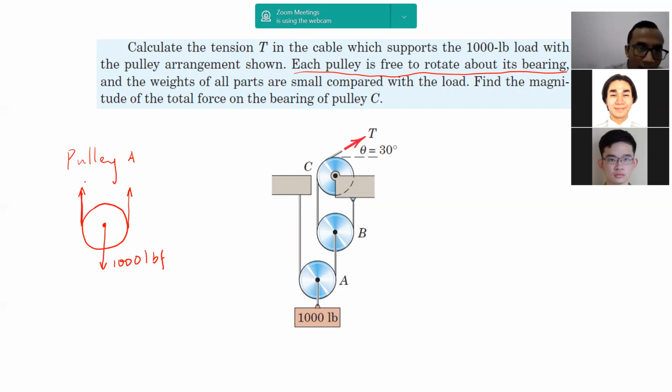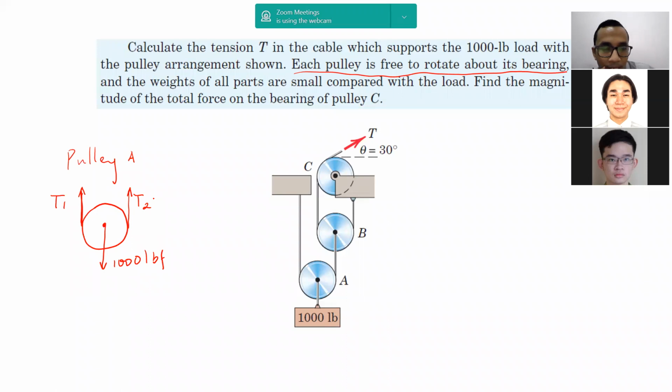I will name this one as tension 1. I will name this one as tension 2. Now, from this particular free body diagram, how many known values do we have, Mario? 1, 1000 lbf. And how many unknown values do we have? 2, T1 and T2, right?